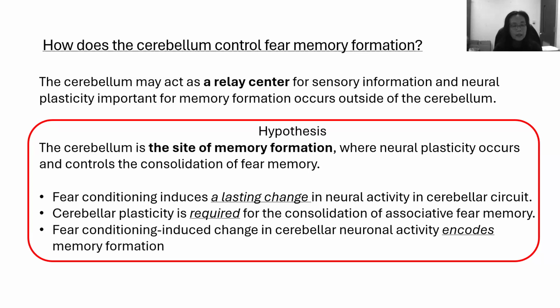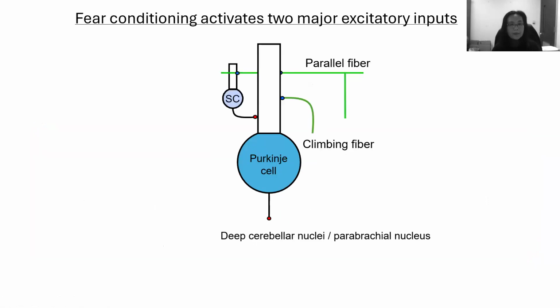And second, this type of cerebellar plasticity should be required for the consolidation of fear memory. If these two requirements are met, then the cerebellar fear-conditioning-induced change can probably encode the memory. So that's our goal of the project.